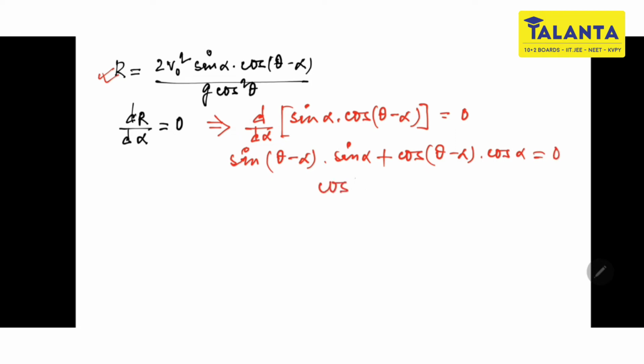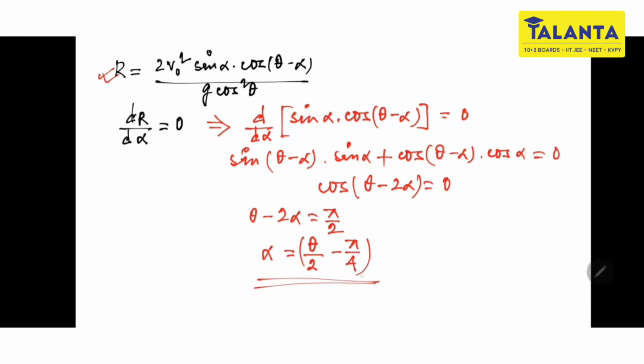That means cos of theta minus 2 alpha equals to 0. That means theta minus 2 alpha equals to pi by 2. So alpha equals to theta by 2 minus pi by 4. For the maximum range, alpha equals to theta by 2 minus pi by 4. Hence, the range of the projectile is maximum when it is projected at an angle of this.